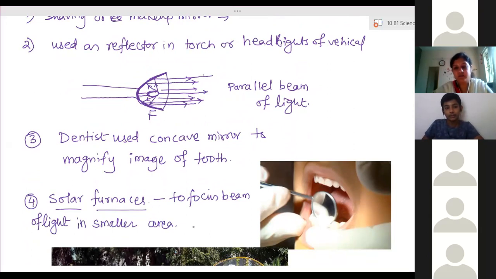Plane mirror in kaleidoscope. But many plane mirrors.